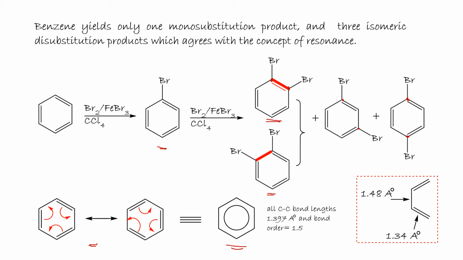All carbon-carbon bond lengths are 1.397 angstrom, while a carbon-carbon single bond should be 1.48, and the double bond 1.34. So we have an average length, 1.397 angstrom, which again supports this structure.